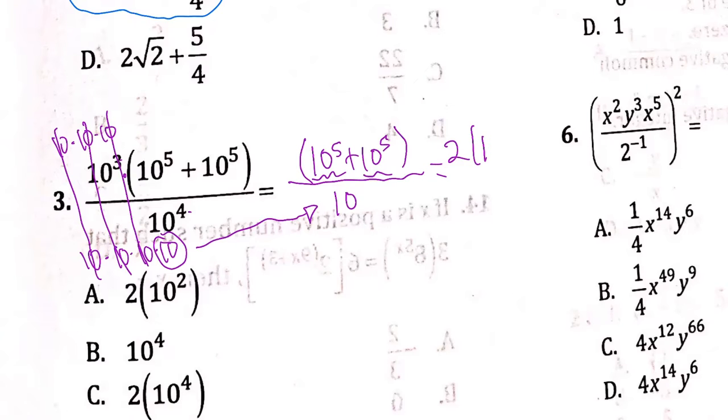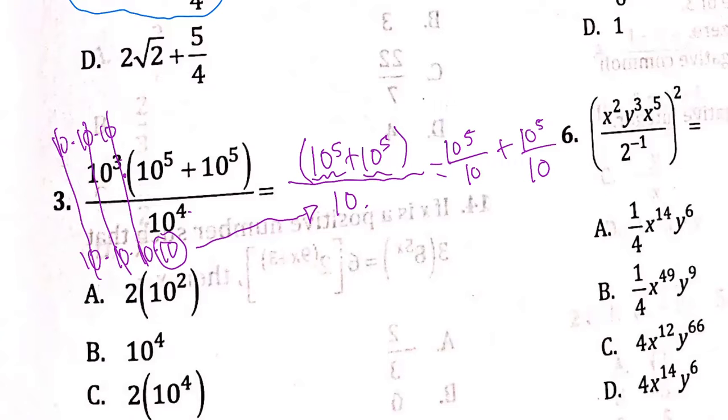Let me backtrack here. Let's do it a different way. What I can do is break these apart. I have 10 to the fifth over 10 plus 10 to the fifth over 10, because they have the same denominator.